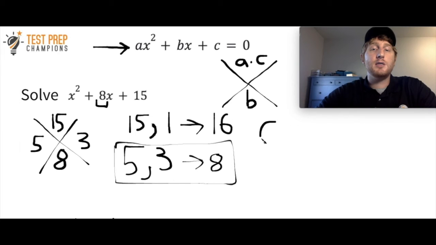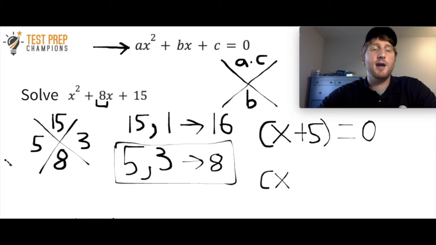Now, what I need to do is I'm going to write x plus 5 and set that equal to 0. And it's x plus 5 because this 5 is positive. Remember in the last examples we had to do x minus for each one. Now we've got positive here, right? And I'm also going to do that with x plus 3. So I take the 5 and the 3, and I'm going to write x plus 5 equals 0 and x plus 3 equals 0.